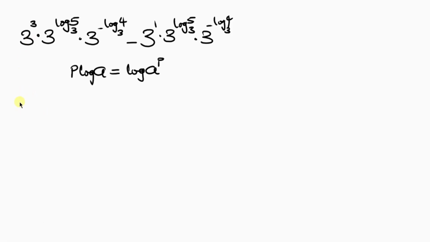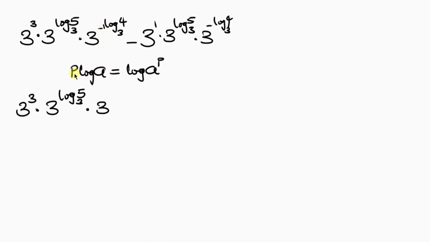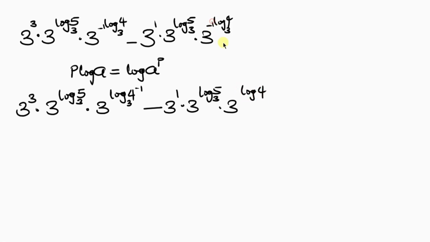So this becomes 3 to the 3 times 3 to the log 5 base 3 times 3 to the, well, this is negative 1, and according to the power law of logarithm, it becomes log 4 to the negative 1 base 3, minus 3 to the 1 times 3 to the log 5 base 3 times 3 to the log 4 to the power of negative 1 base 3.